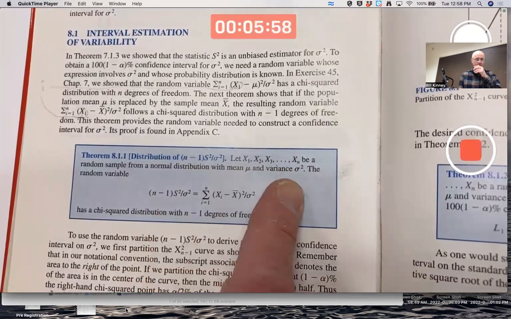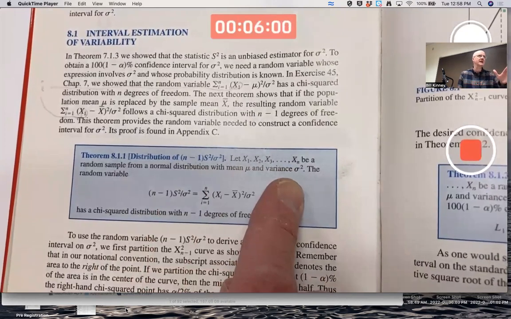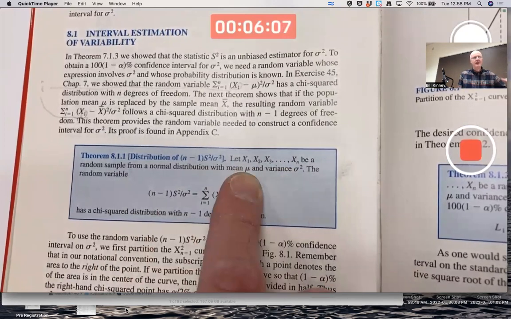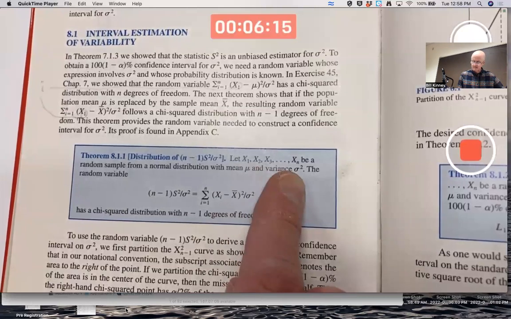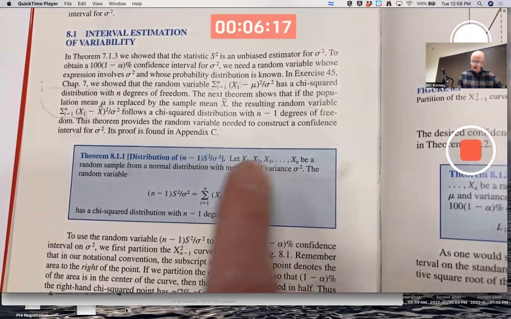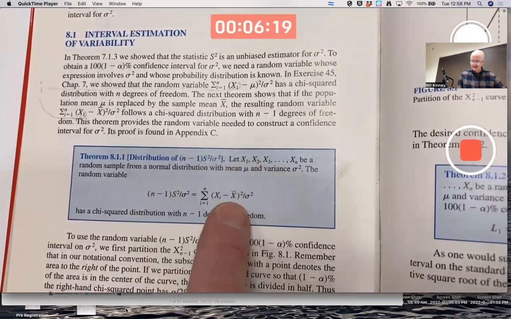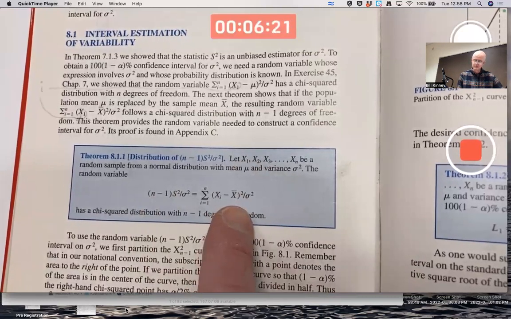Mean, mu, variance, sigma squared. So if I'm going to simulate it on a spreadsheet, I want to do the NORMINV and the RAND. Pick a mean, pick a variance, just for the sake of example. Get a bunch of observed values of these x's. Would I want to compute this side or this side? Probably it's easier to compute that side. They're equal to each other. I mean, in theory, you could do both. They would be equal.